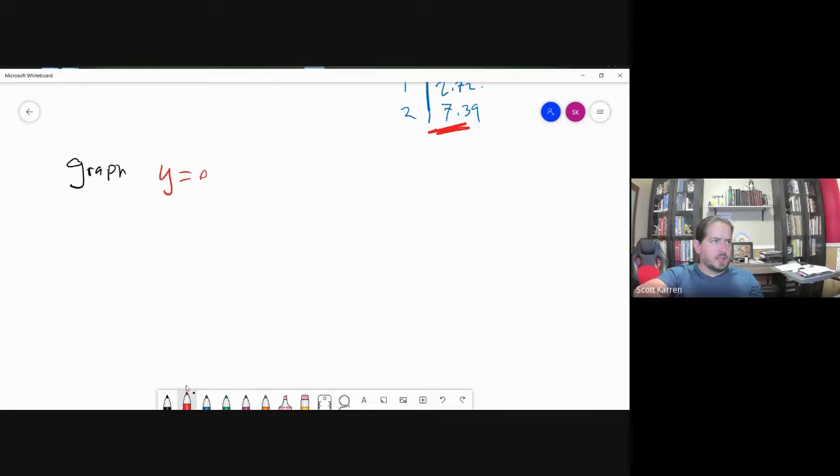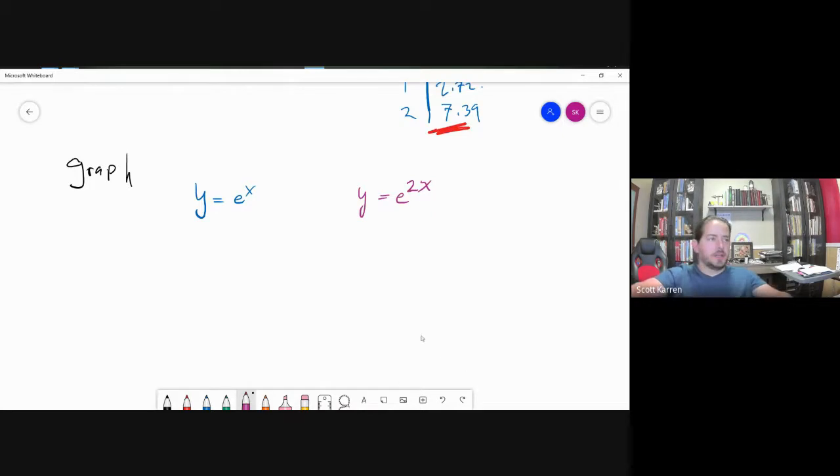Y equals e to the x. I should probably do that in blue because all of that's blue in my thing. Graph y equals e to the x. And I'm going to graph, let's say, purple, y equals e to the 2x here, right?